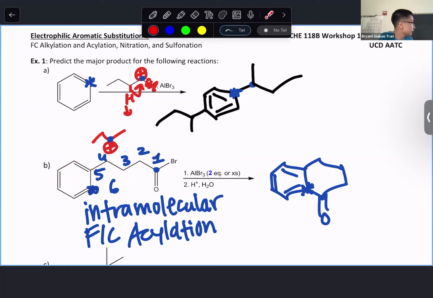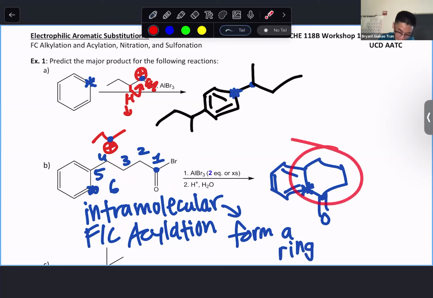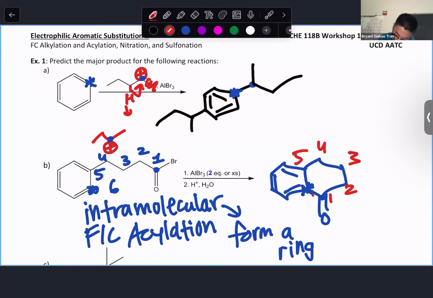And if the nucleophile is on the same molecule as the electrophile, that is an intramolecular reaction, which will always form a ring, which is this ring right here, where I numbered 1, 2, 3, 4, 5, 6. Before, there was no bond between 1 and 6, but that is the new bond between 1 and 6 from the Friedel-Crafts reaction. Any questions on this?